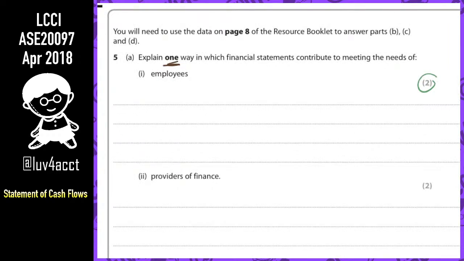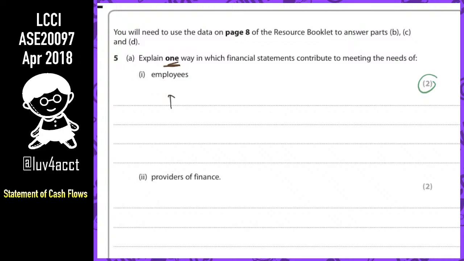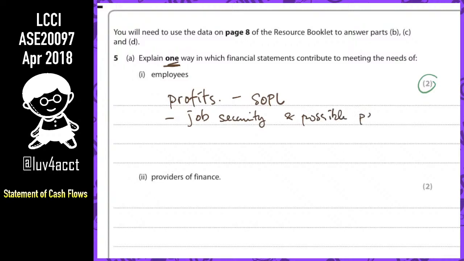So employees, they want to know if the company is making good profits. Look at the statement of profit or loss, see if they have more profit, to see the job security, and also possible pay rise or bonuses. That will be enough because you have pointed out which statement.